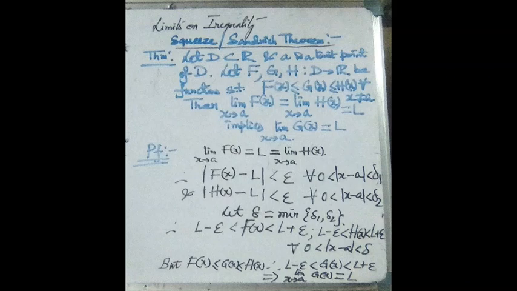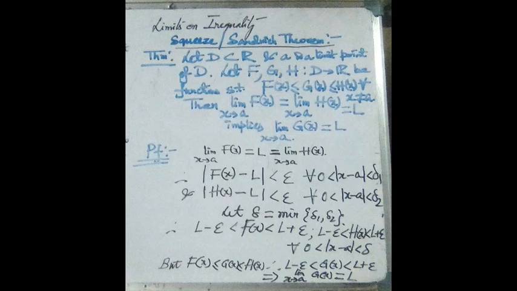So if we choose delta as the minimum of delta 1 and delta 2, then we have L minus epsilon less than f(x) less than L plus epsilon, and similarly L minus epsilon less than h(x) less than L plus epsilon for all x which satisfies 0 less than mod x minus A less than delta, where delta is the minimum of delta 1 and delta 2.